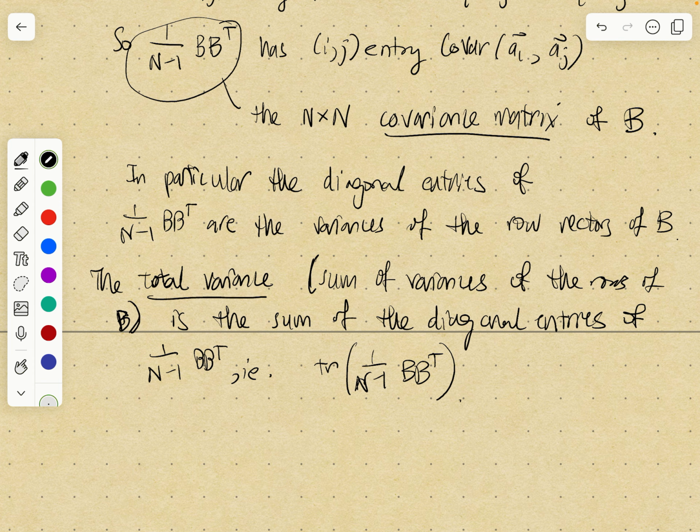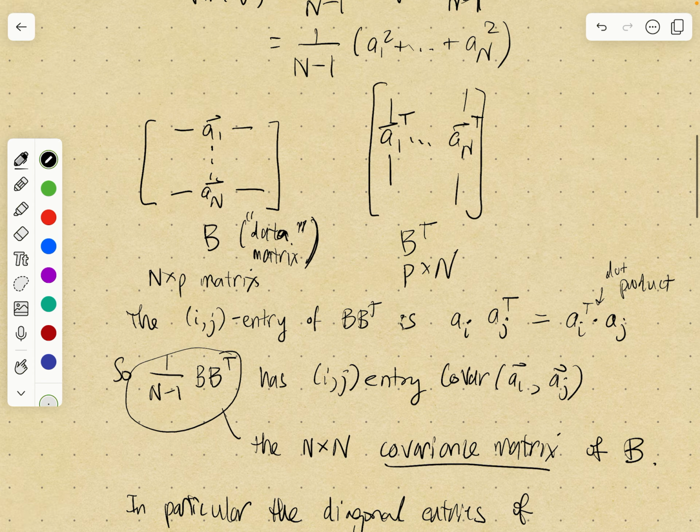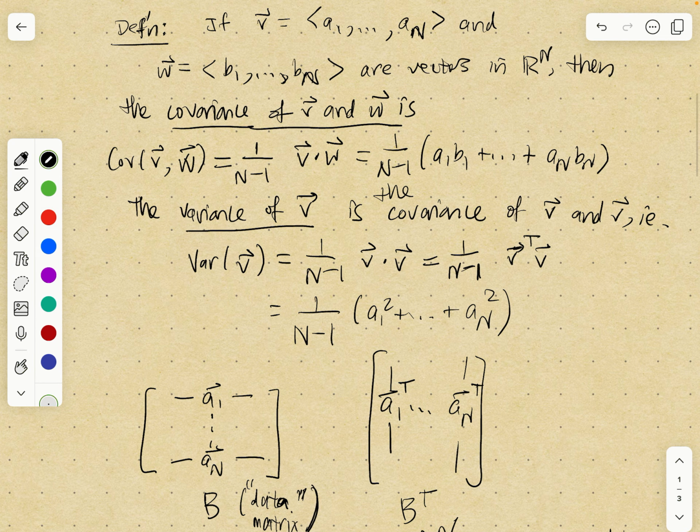And we're going to be working with this covariance matrix. One thing you notice is that the covariance of V and W is equal to the covariance of W and V, right? Because you're looking at a dot product. The order in which you do the dot product doesn't matter.